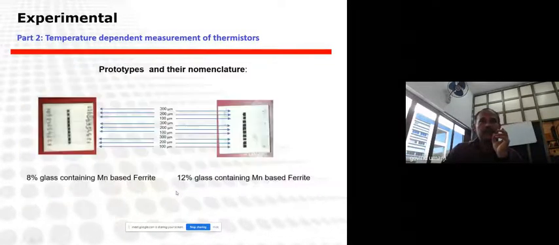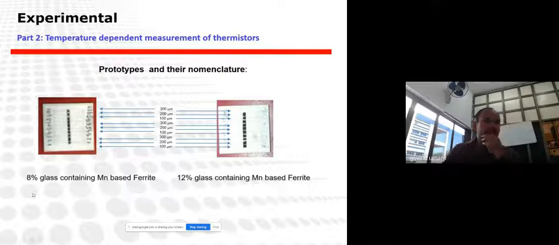And this is the nomenclature that we used in this case. In order to optimize the glass percentage, we started with 8% glass and 12% glass, because we need to have high resistance, because this is a thermistor. If the initial resistance is low, we cannot see the temperature dependent behavior. So we started with 8% and 12% glass.